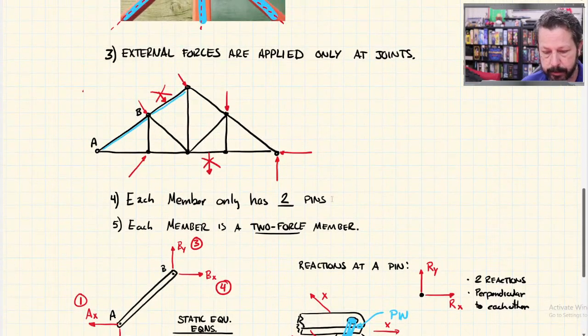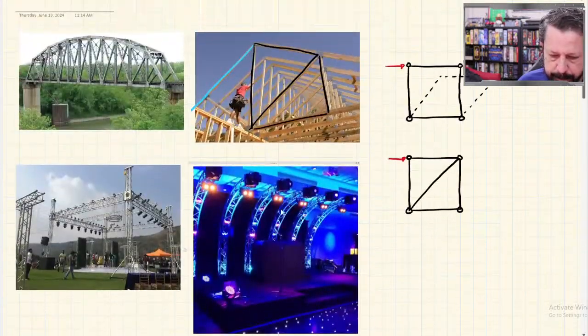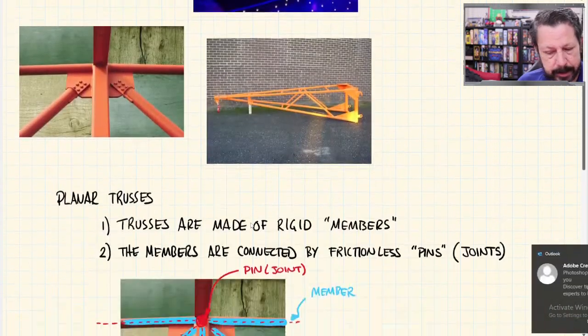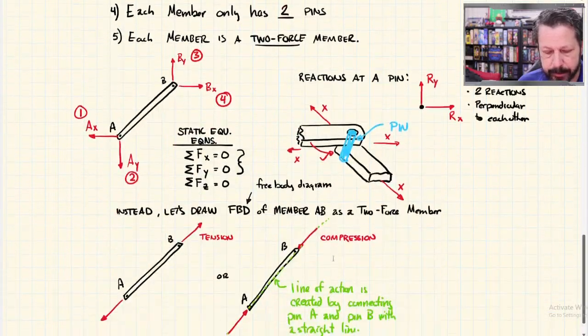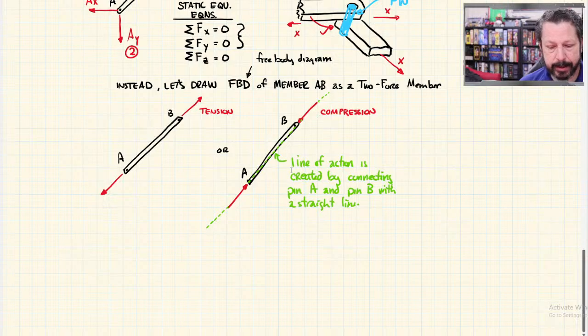Remember there's only two, right? Each member only has two pins. So connecting the two pins with a straight line, even if for some reason we did have some of these members that were curved, like the curved arch looking things here, even if they're curved, I still take the two pins and draw a straight line through them. That straight line is the line of action for the two forces. It's a two-force member on that piece.